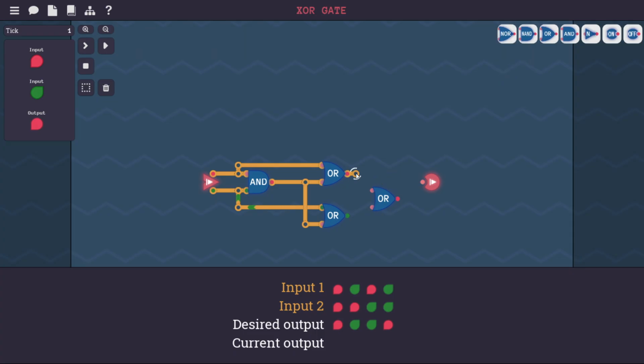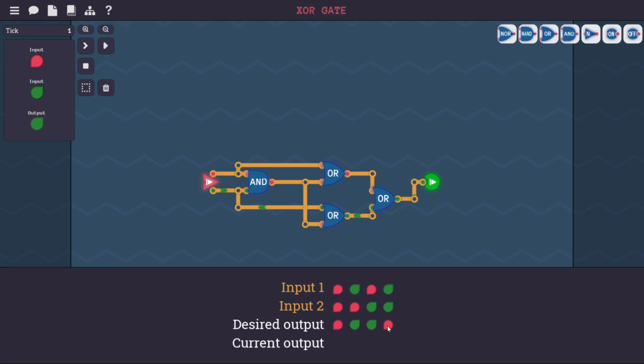Let's see how it goes. And we pick our output. Okay, that means that again the two are off, we get an off. The first one is on, we get an on, which is okay. They are inverted, which means the second input becomes on, and now the signal can use the other routes.